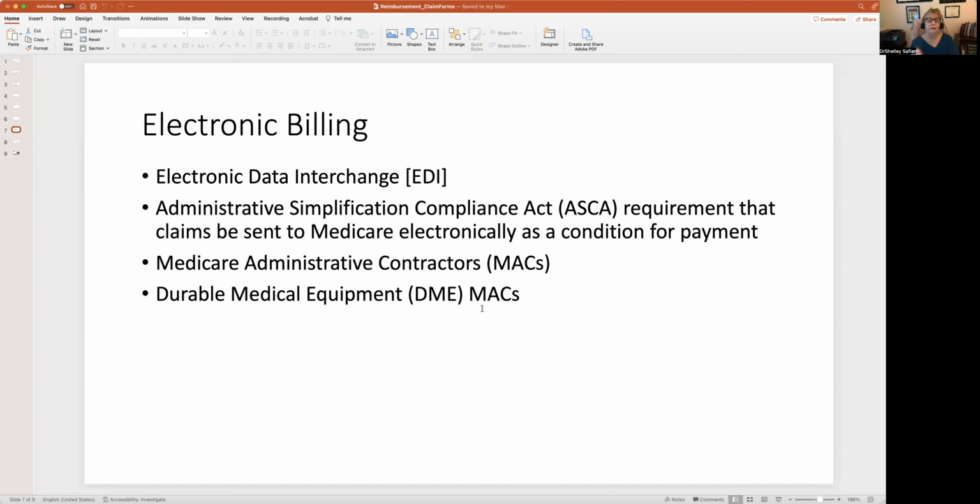When electronic claims first came into being about 10 years ago, the facts were that physicians could take up to 4 to 6 months to get paid from CMS, from Medicare. It was one of the reasons why they hated working with Medicare. But the private payers weren't that much faster, maybe 3 to 4 months.